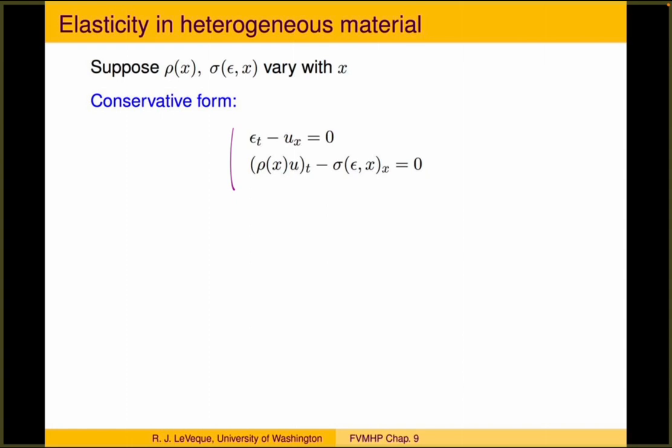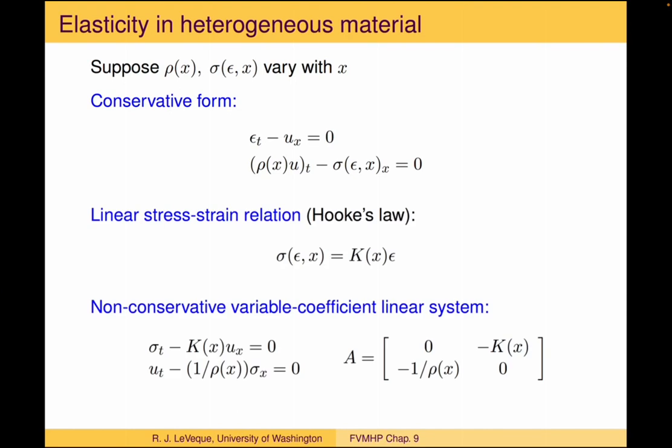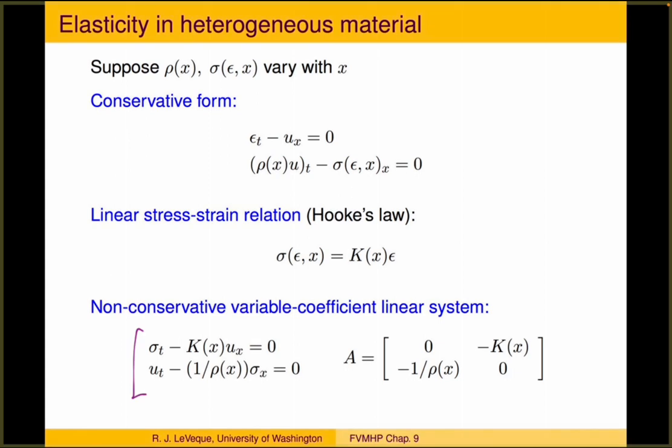But just like with the variable coefficient advection equation, there's another form. If we use a different set of variables, we can write it in a non-conservative form. That's sometimes easier to work with. So again, for this linear stress-strain relationship, we can rewrite it in the variable coefficient form that's shown at the bottom. This is like the acoustics equations that we saw before.